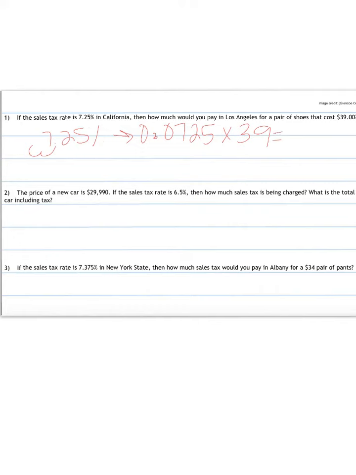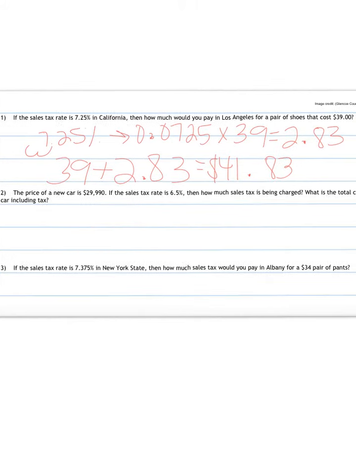Rounded to the nearest cent, so 2 spots after the decimal because we're talking money, $2.83. Take the price of the shoes, add on the sales tax, and that would be $41.83 for the pair of shoes.